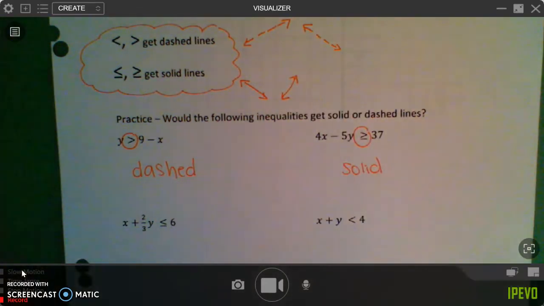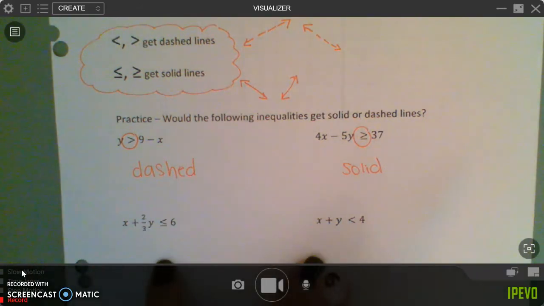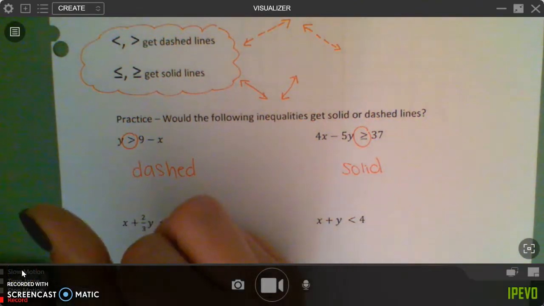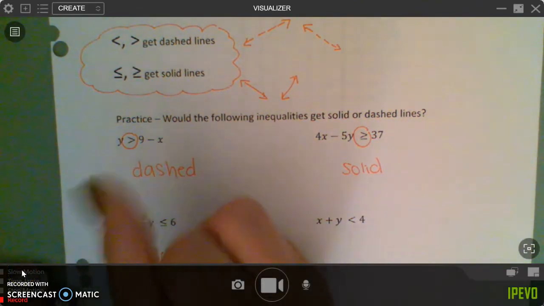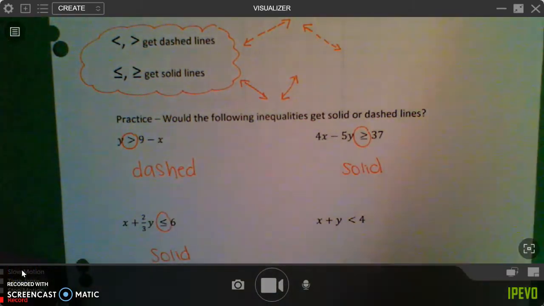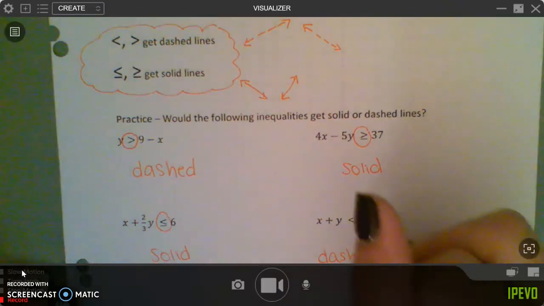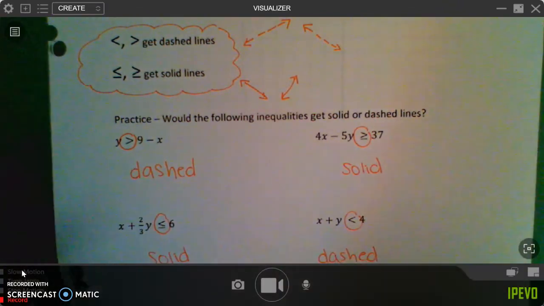Go ahead and pause this video and try these two down here real quick. Okay, so you should have figured out that this one is solid because it has the line, and this one is dashed because it has no line on it.